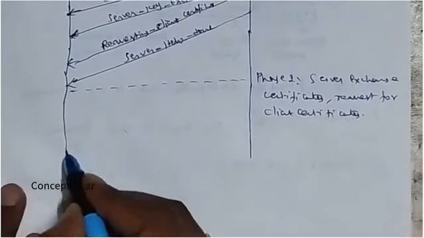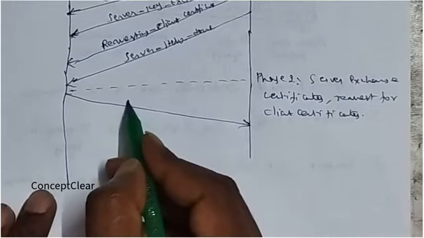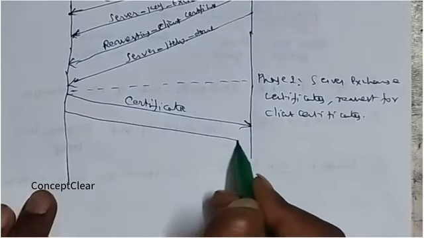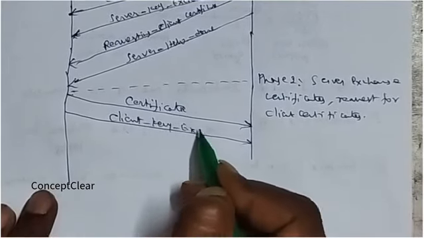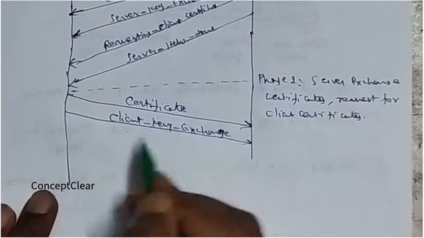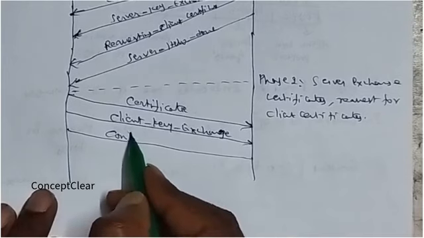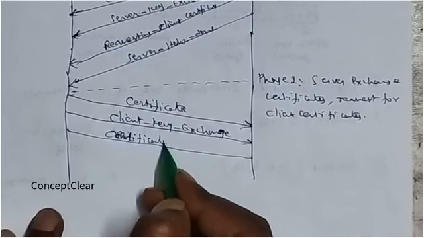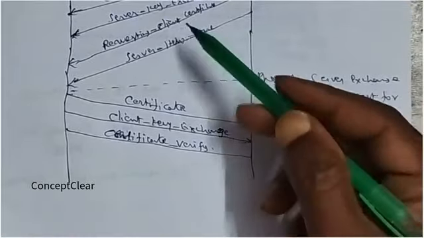And what is phase 3? In phase 3, after the request from the server, the client will send the certificate and the client key exchange, and here we will send certificate verify. It means the server certificate will be verified at the client side.